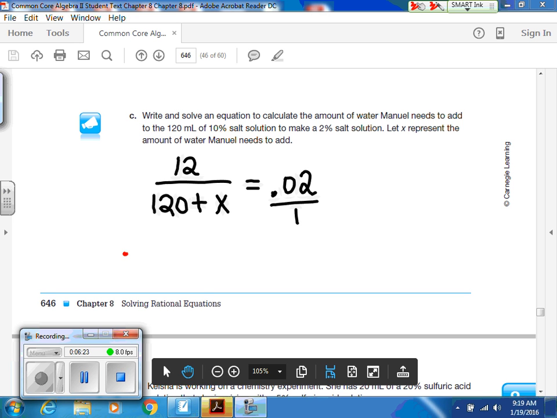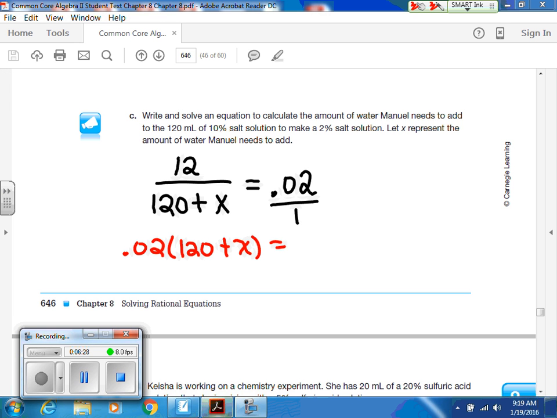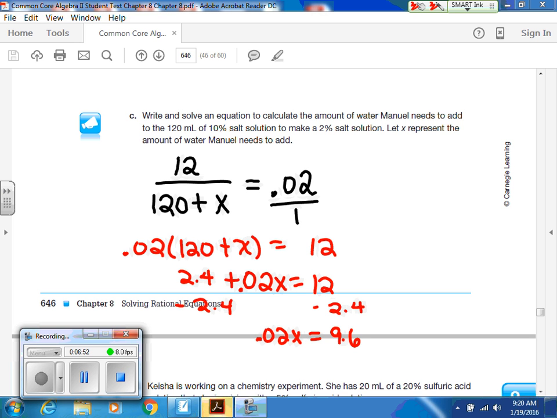I'm going to have 0.02 times 120 plus x equals 12. What's 0.02 times 120? 2.4 plus 0.02x equals 12. And then what do I do? Subtract 2.4. What's that, like 9.6? And then what? Divide by 0.02. And what is x?